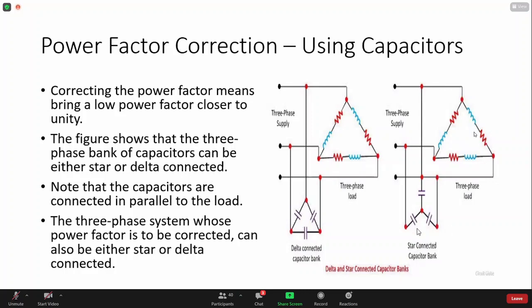All right, so correcting the power factor means bringing the power factor closer to unity, closer to 1. And I was pointing out that the load can be either star or delta connected. It doesn't really matter. And the capacitors can be connected in a star or delta also.